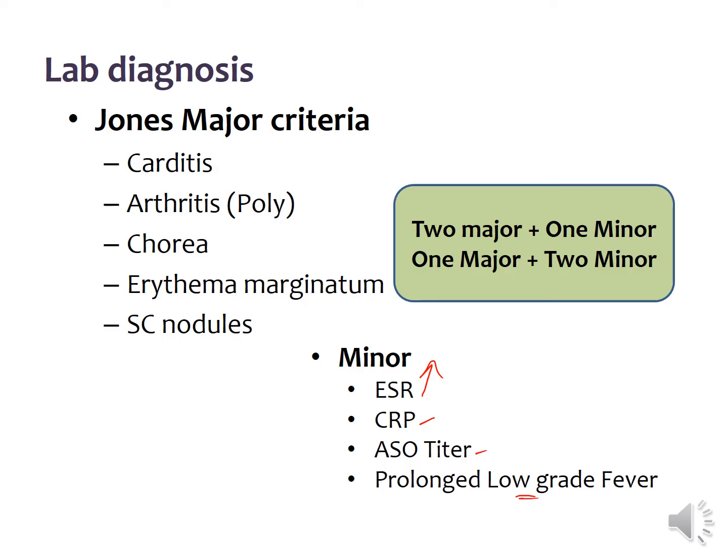According to Jones, 2 major criteria plus 1 minor criterion, or 1 major criterion with 2 minor criteria, will be considered as the diagnosis for rheumatic fever.